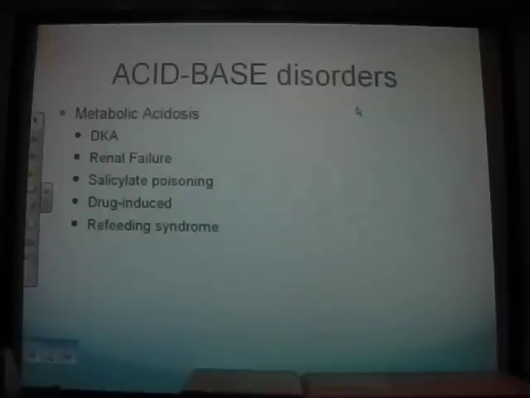In salicylate poisoning, you can also get respiratory alkalosis, because you're hyperventilating. It's a reaction to the salicylate. But you get metabolic acidosis as well, and drug-induced is a big thing. Refeeding syndrome, Eleanor was telling me about it. When you think about refeeding syndrome, you can get metabolic acidosis because of all your low electrolyte levels.